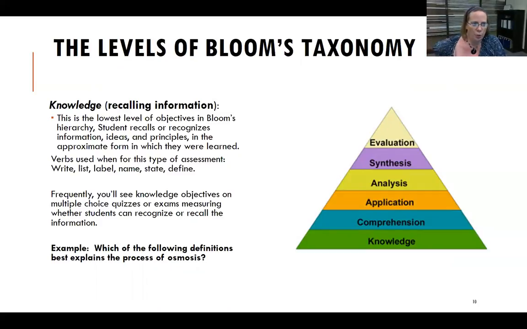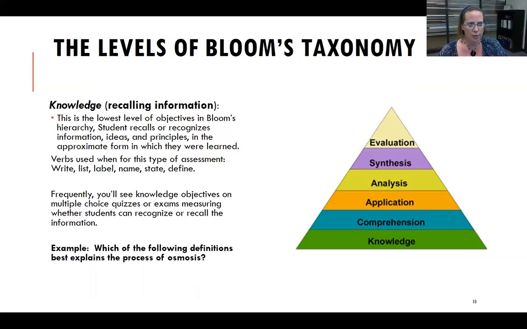Okay, starting with knowledge, which is the lowest rung of the ladder. At this level, a student recalls or recognizes information, ideas, and principles in the approximate form in which they were learned. So you can think of this as what we tend to think about when we think of a multiple choice question.